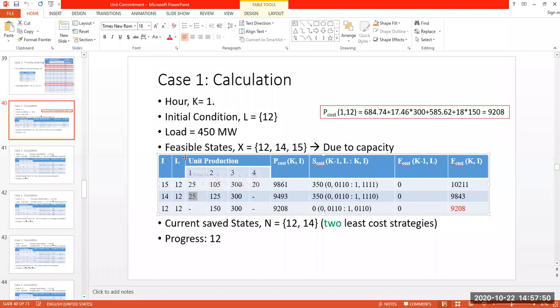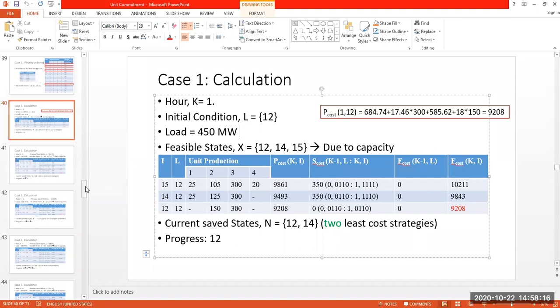So I have to at least take 25 for this case. The remaining will be taken from the middle unit. If the minimum were 0, I could simply write 0 here and take 150 here.